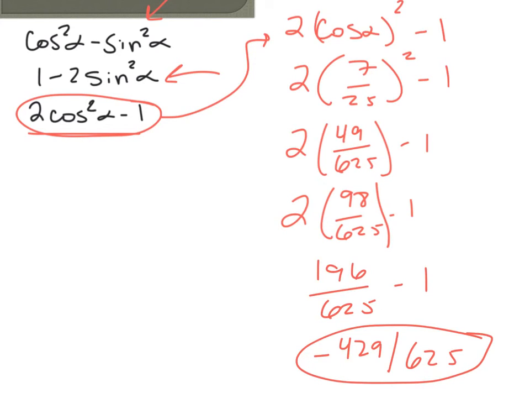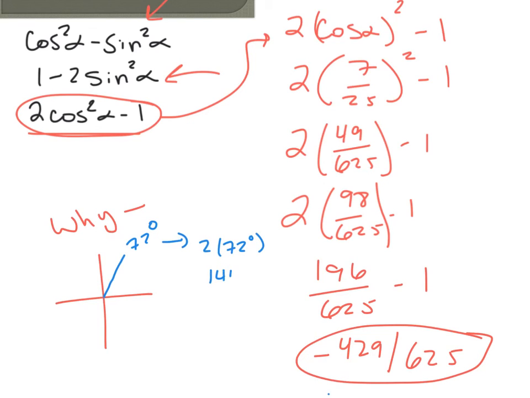And some of you are saying, well, cosine's in the first quadrant, so why is my answer negative? So why negative? The idea here is if I have a first quadrant angle, and let's say it's 72 degrees, if I double that, 2 times 72 is 144.